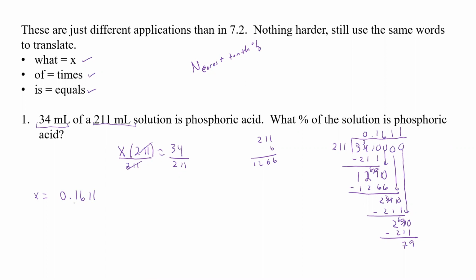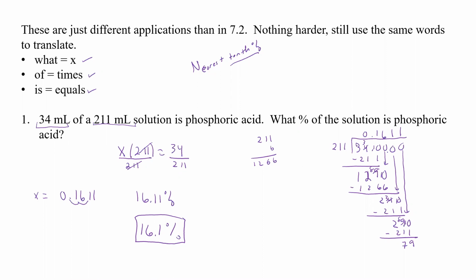Again, to convert it to percent, we have to move the decimal 1, 2, and so that gives us 16.11%, but they want it to the nearest tenth. Well, that 1 doesn't round up, and so it's just 16.1%.